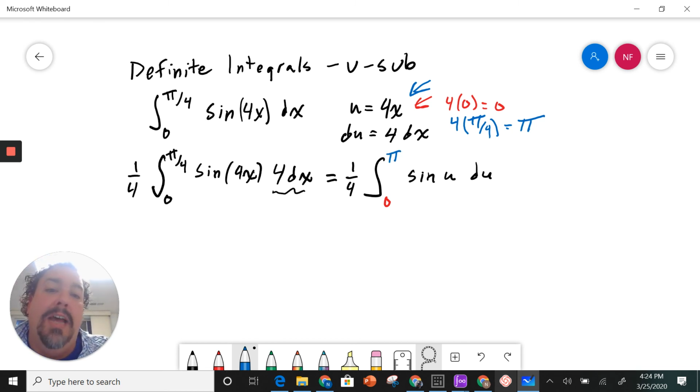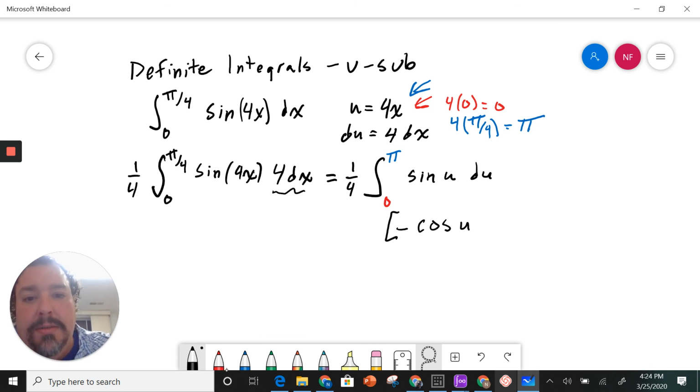Okay, so now that we have the integral of sine of u, we can integrate. The integral of sine of u is going to be negative cosine. So we've got negative cosine of u, and we still have this 1/4 on the outside. We want to evaluate this from 0 to pi.